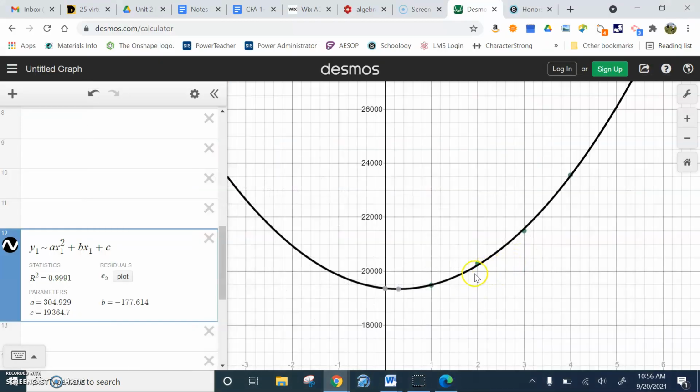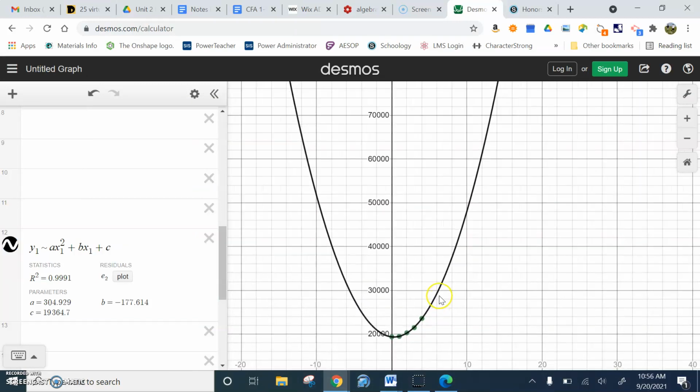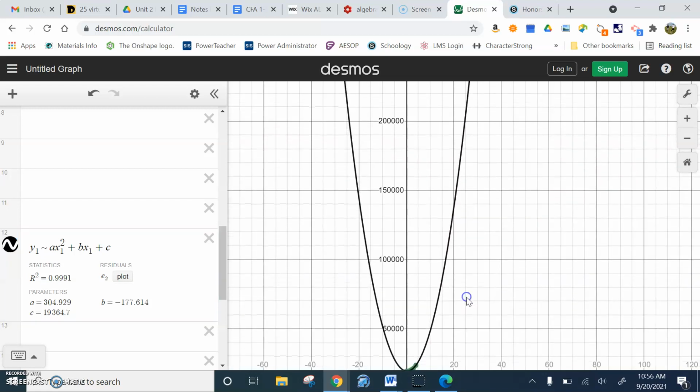So what we've got to do is zoom out and find data point number 25. So 8, 9, 10, 11, 12, 13, 14. We've got to keep going a little ways. And when we get all the way to 25, X25 represents the year 2015. And bingo, it's here somewhere. Give me a second.